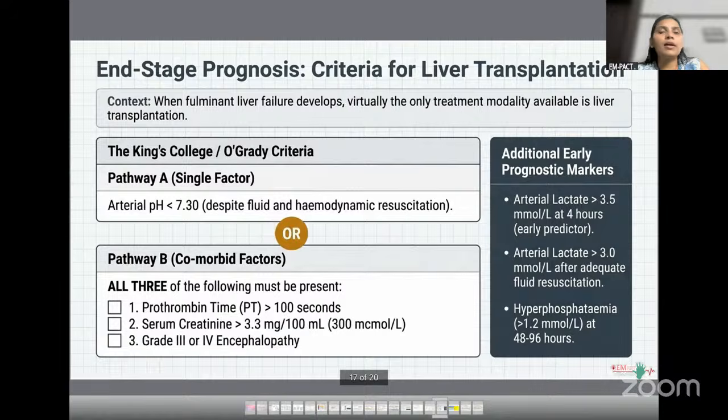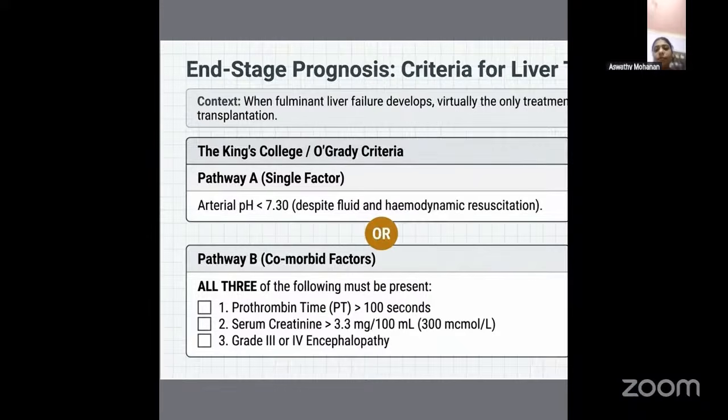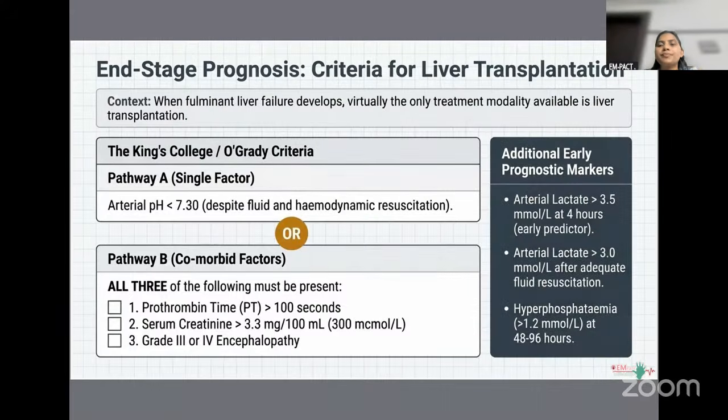And there are some values that will give you an idea, before the end of the NAC therapy itself, whether this patient is having poor prognosis. That is arterial lactate level.